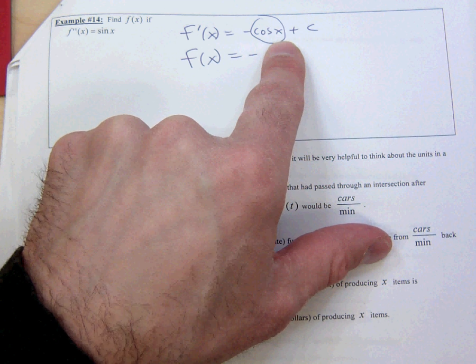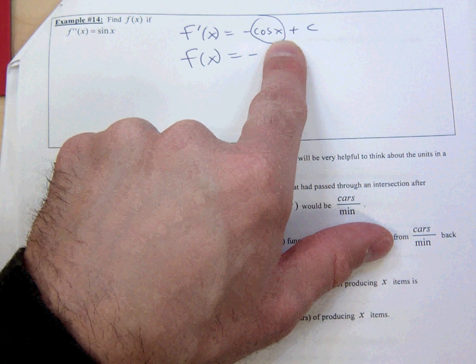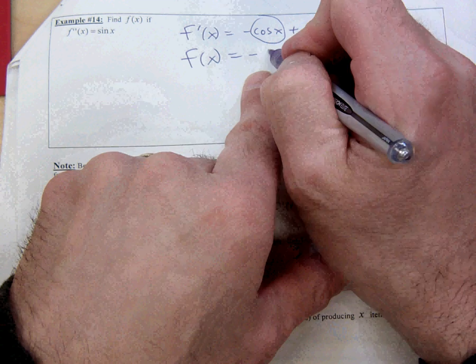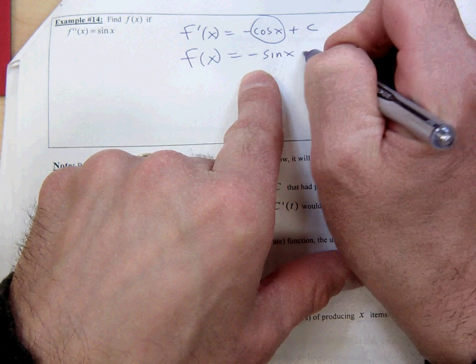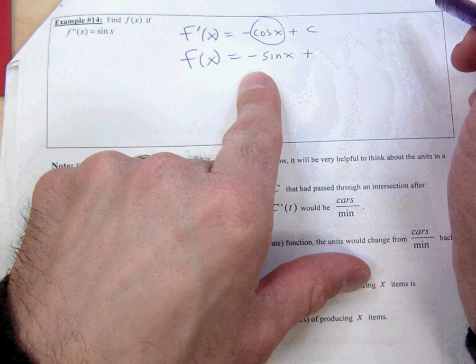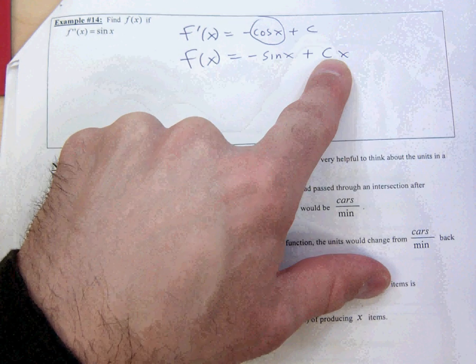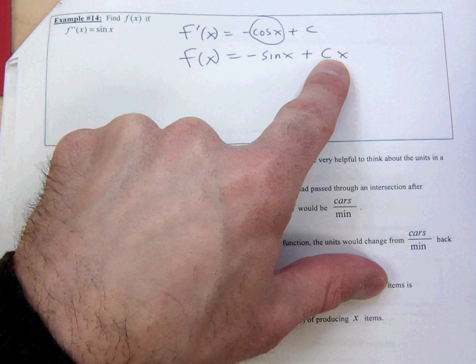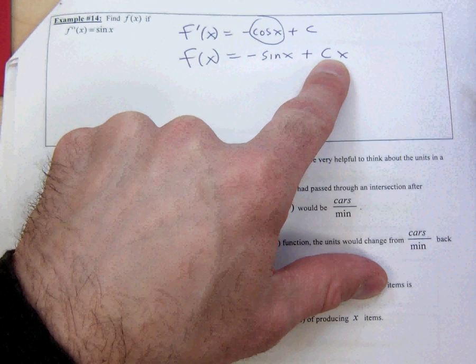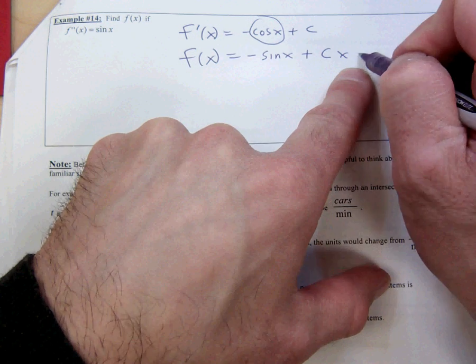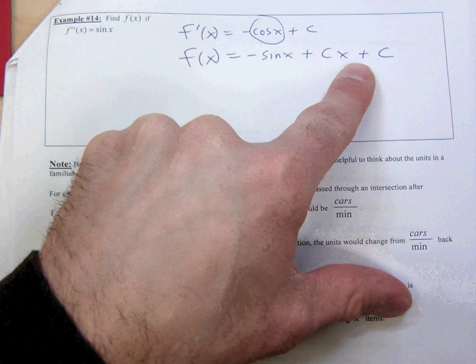So going backwards, what's the antiderivative of cosine? Just sine. Plus, now be careful, c times x. Like if that was a 5, wouldn't the antiderivative be 5x? So everybody agree it would be cx? But then I got to put a plus c again.